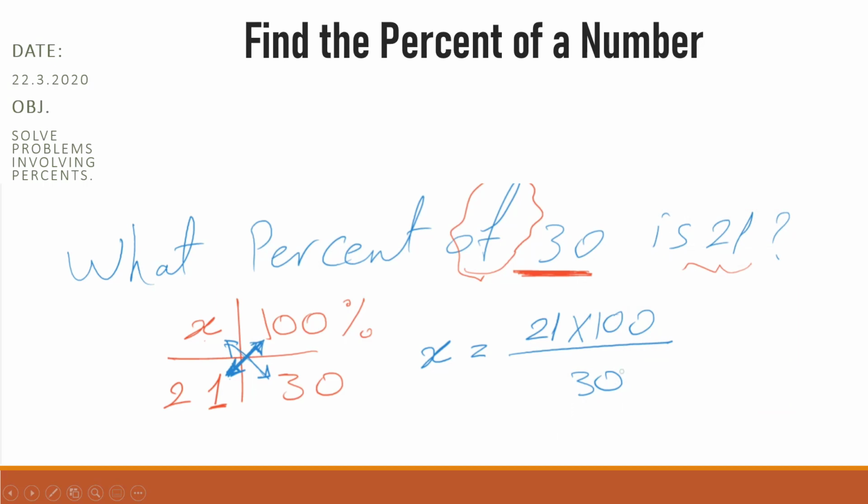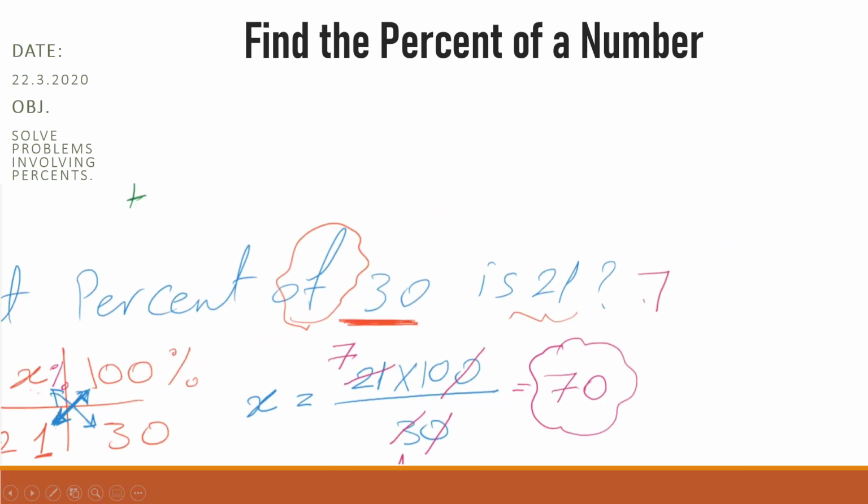Now simplify, remove this 0 and divide by 3. 21 divided by 3 is 7. 3 divided by 3 is 1. 7 multiplied by 10 is 70. Divided by 1 is 70. So the answer is 70. The question was what percent? So it's 70%. Okay, so the answer is 70%.